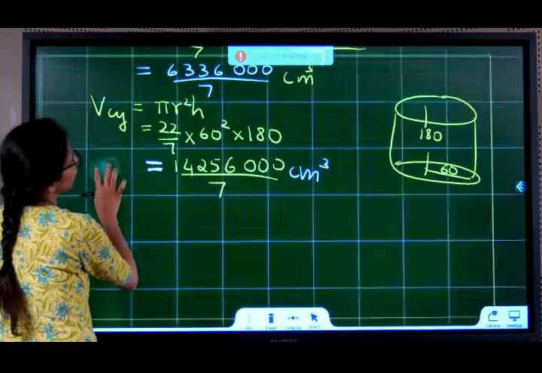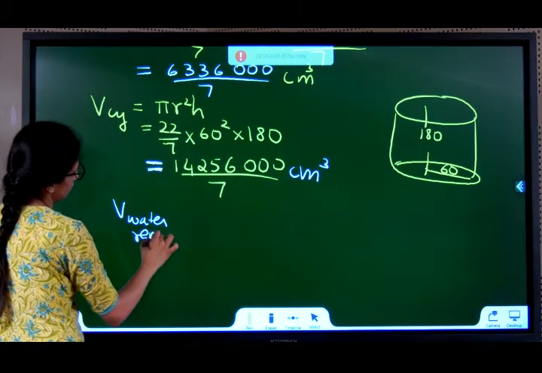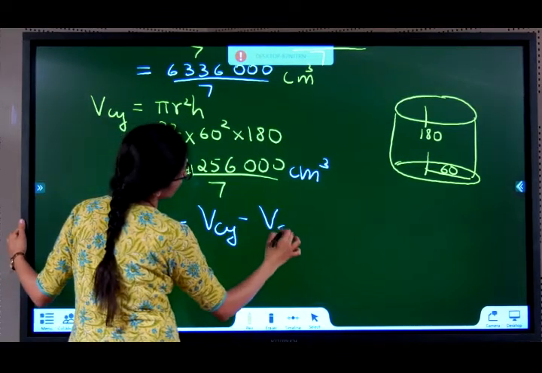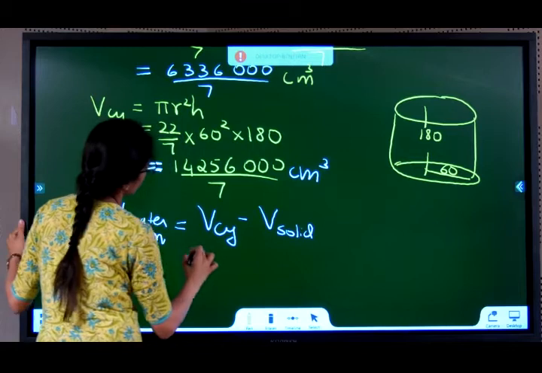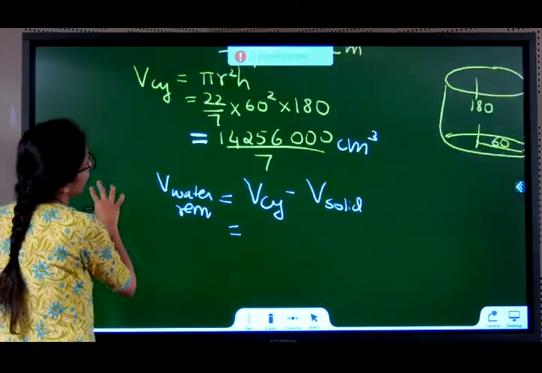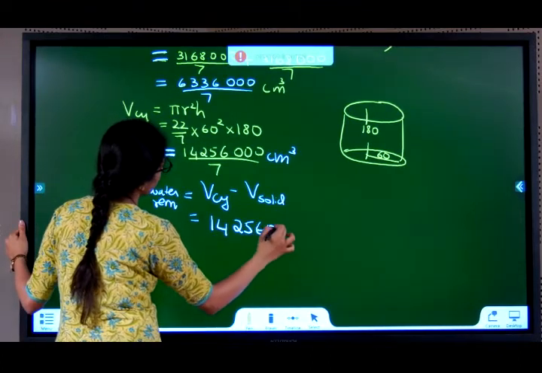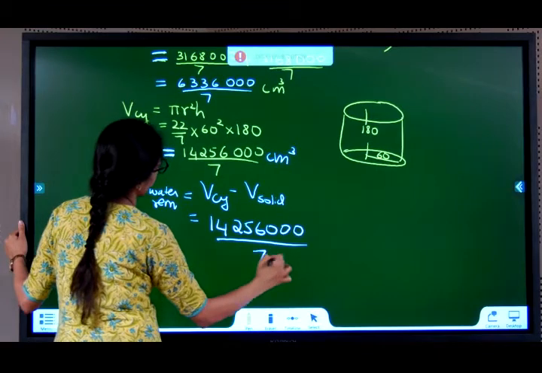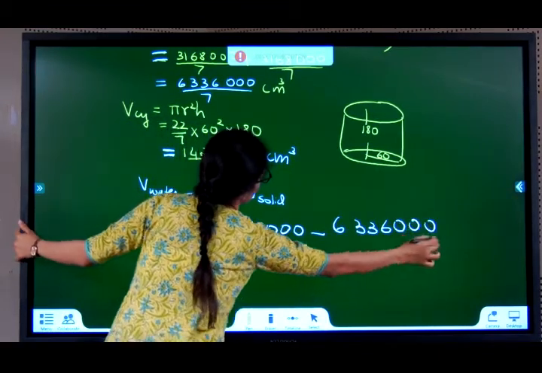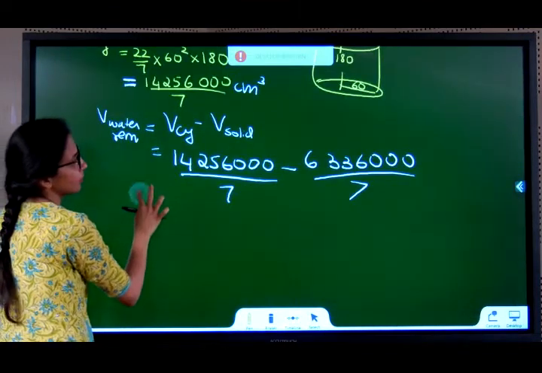So what is the volume of water remaining? Volume of full cylinder minus volume of the solid. Volume of cylinder, that's volume of solid, yes. Volume of cylinder 1425600 by 7 minus 6336000 by 7. Both of their denominators are the same, so you have to just subtract the numerators.